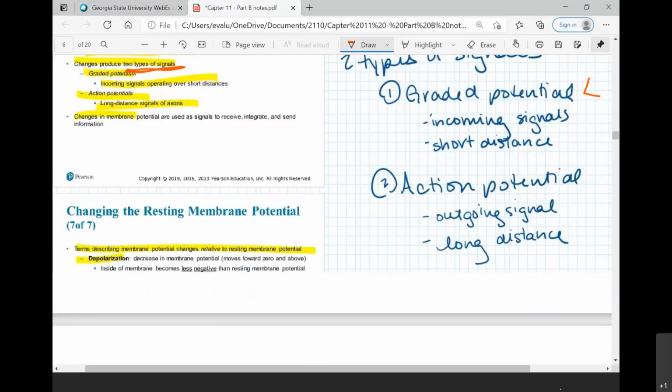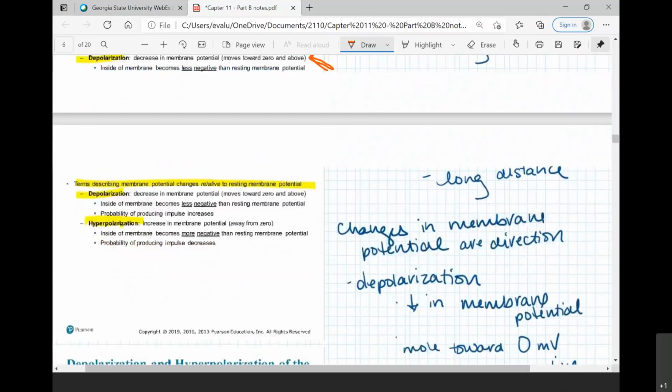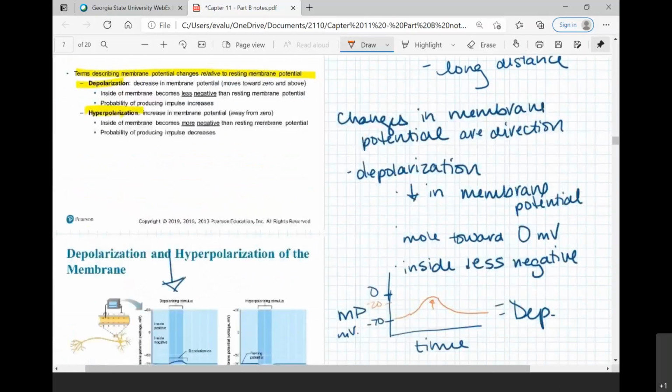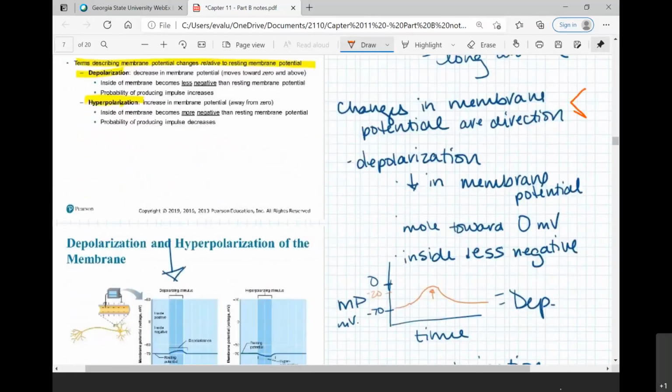So when we're talking about our membrane potential changes, we are talking about them relative to a resting membrane potential. So we've talked about these terms before. The terms are depolarization and hyperpolarization. When we have these changes in our membrane potential, it is telling us what direction the graph is going.